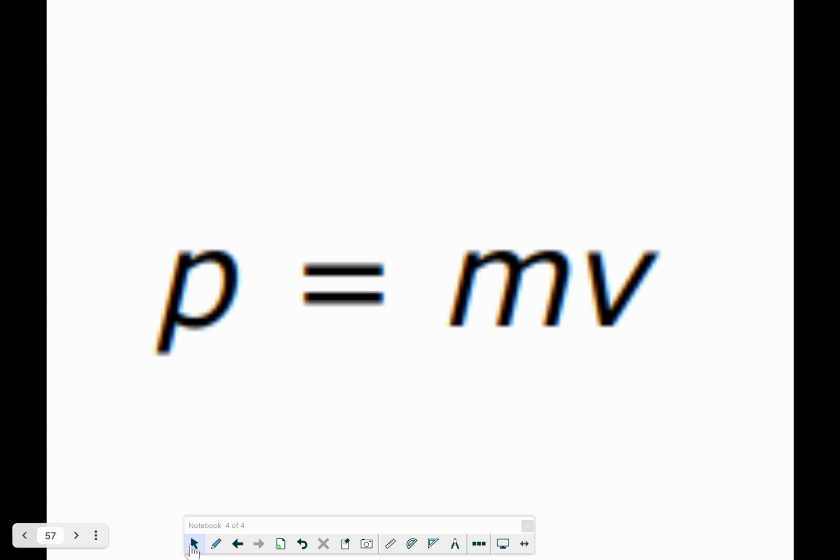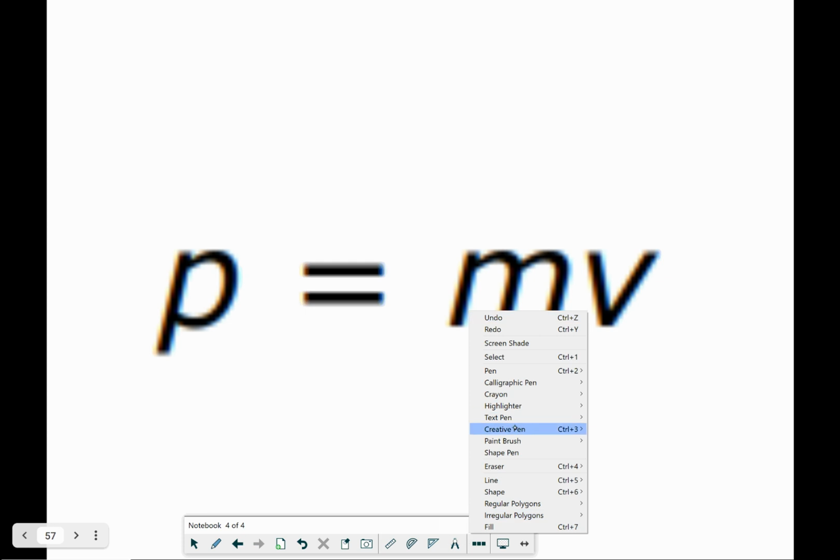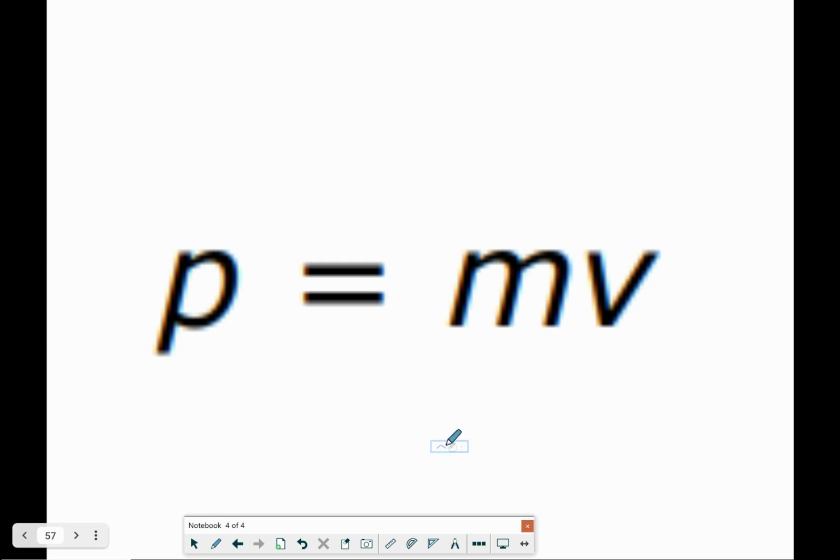Now, here's the next one. p equals mv. Now this is momentum. Let's do blue. Okay, again, you've got p on the left by itself equals m and v together.